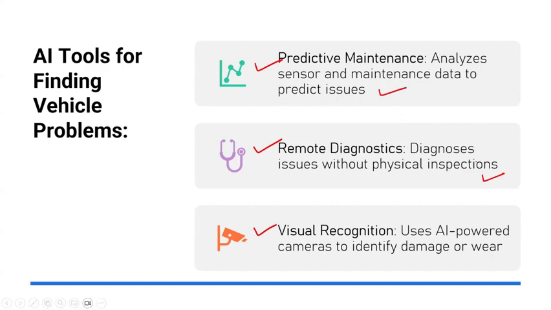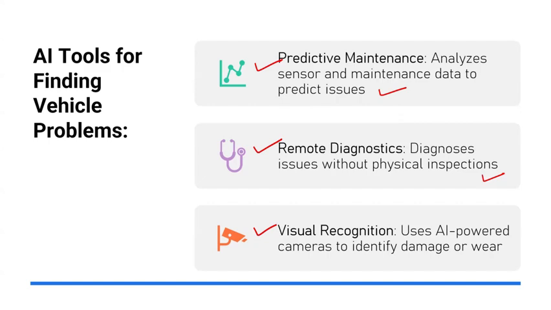Remote diagnosis means, let's say, your vehicle is running in mines, and it's a German-made vehicle running in Indian mines. Now, there will not be any German technician or service personnel available for some kind of repair or diagnosis.